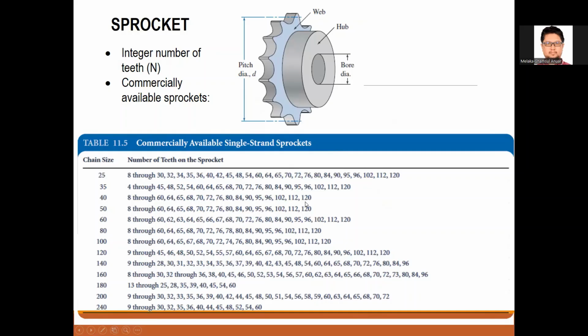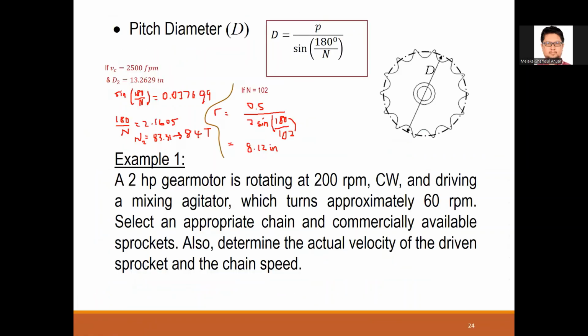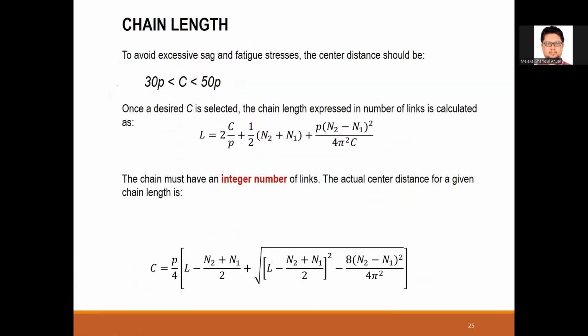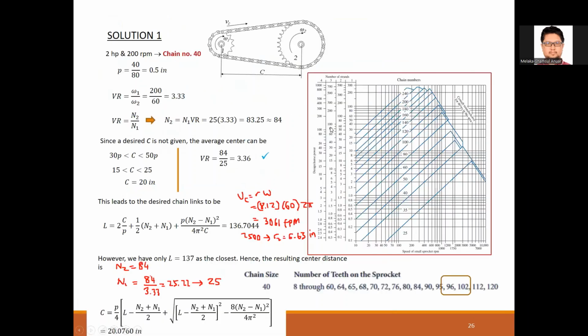Actually, the highest that we have is 120. 120 is the number of teeth. Let me check. Number of teeth is 120. Okay, we don't go that far up.